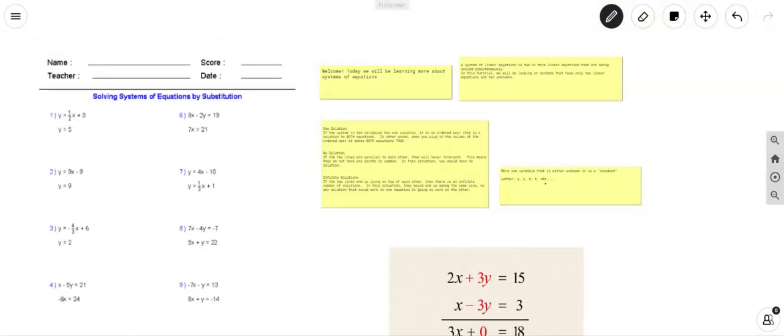What I'm talking about right now is a system of equations could have only one solution. And by one solution, it means that the ordered pair of the two equations or more only intersect at one point. So if it was in a graph, it would look like this.